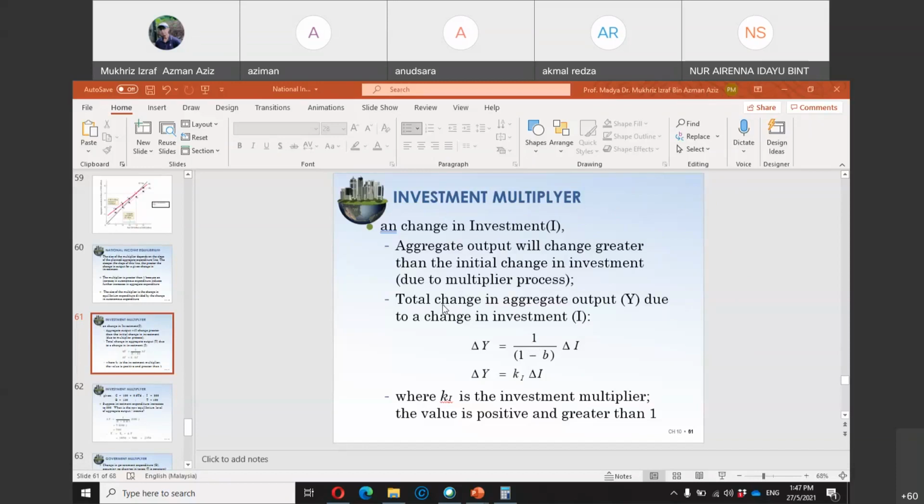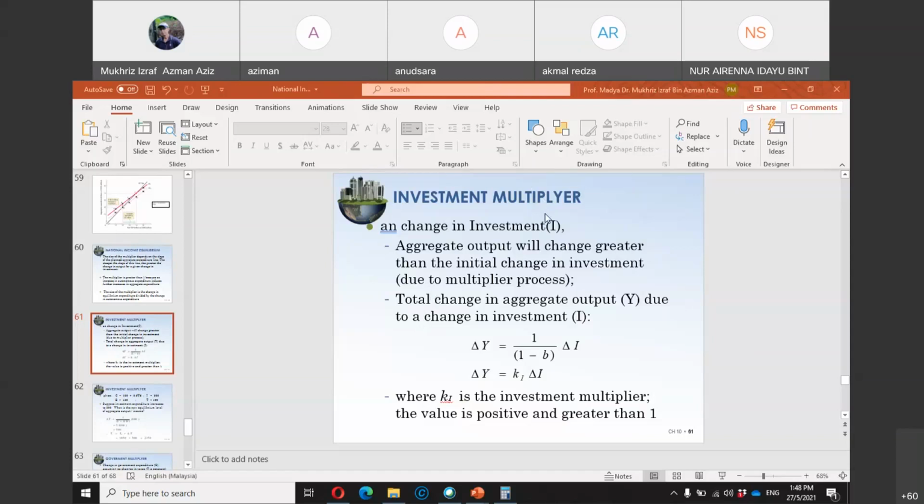From that 100 ringgit as capital, the person starts doing business, and maybe the 100 will grow to, let's say, 200 or 300 ringgit. So basically, you want to know the change in the amount of output for the economy as a country. We want to know how much the GDP changes when we put a certain amount of money into the economy.